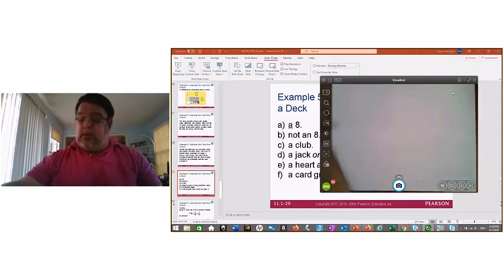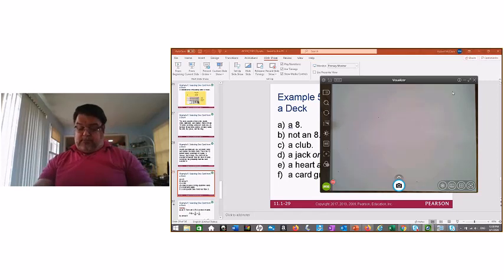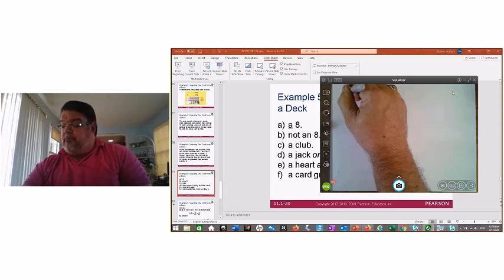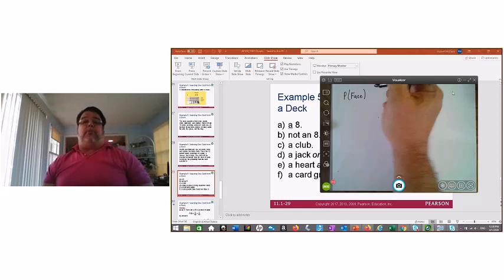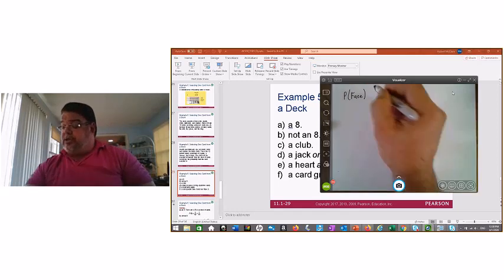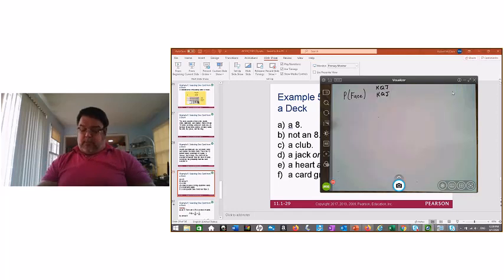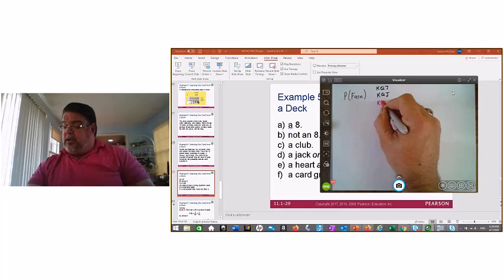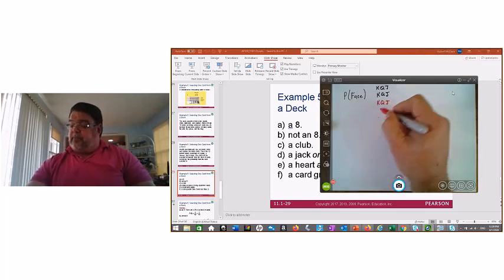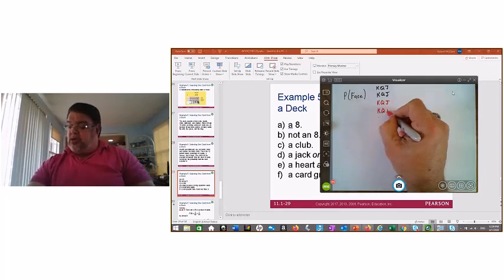Okay. So a face card. Probability of a face card, well, we know that there's a king, queen, and jack, black, and a king, queen, and jack, red.